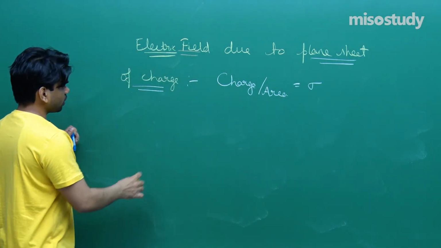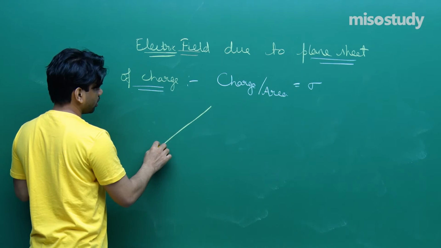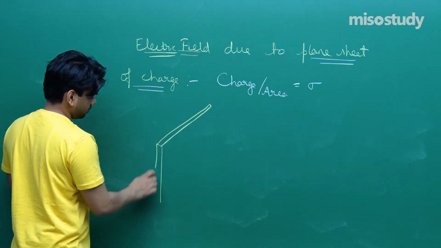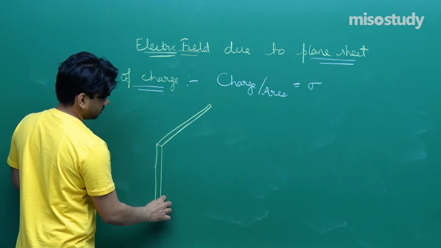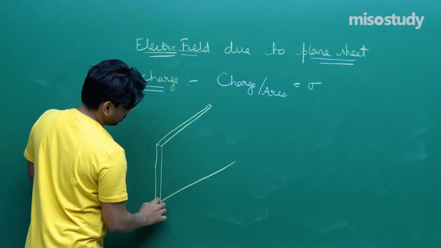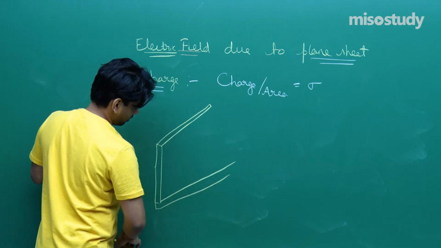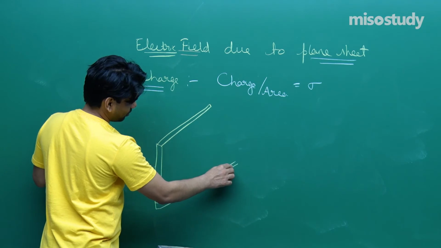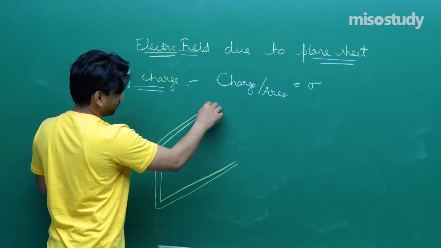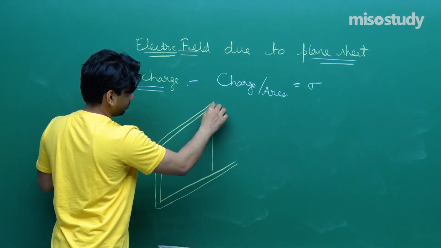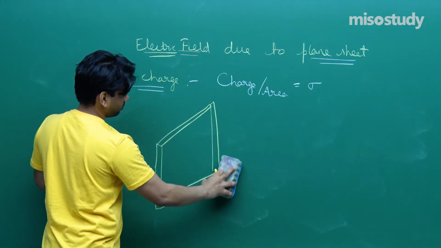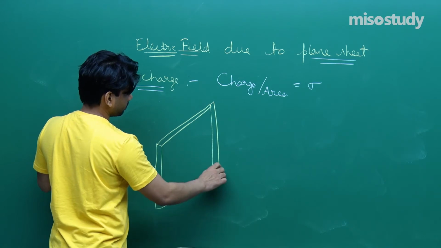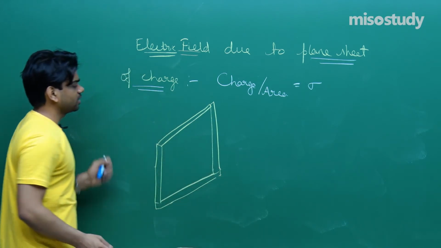If I have a plane sheet of charge, I can draw it in this way. Don't worry about the drawing, just think that it's a sheet.